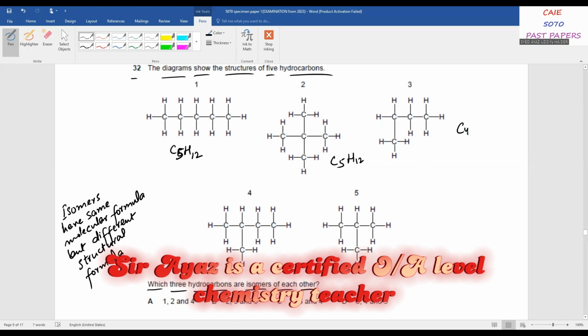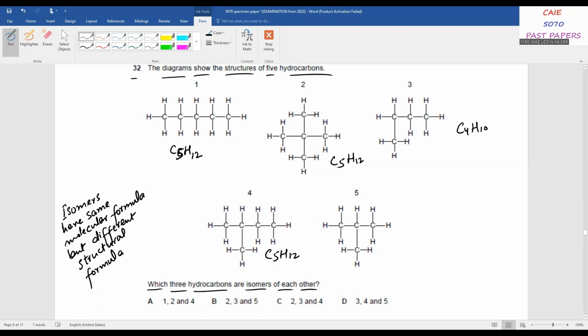We have 4 carbon atoms and hydrogen atoms will be 1, 2, 3, 4, 5, 6, 7, 8, 9, 10. C4H10. For number 4, 1, 2, 3, 4, 5, C5. Again, you are having H12. Number 5, 1, 2, 3, 4, 4 carbon atoms. Again, there will be 10 hydrogen atoms.